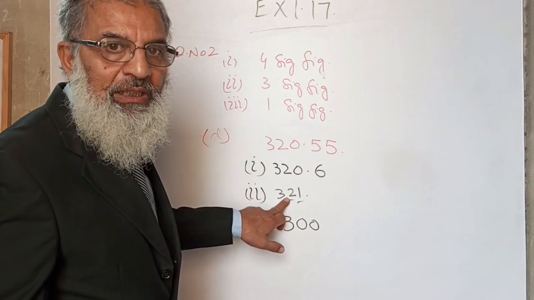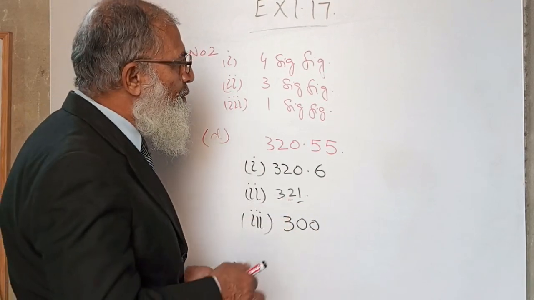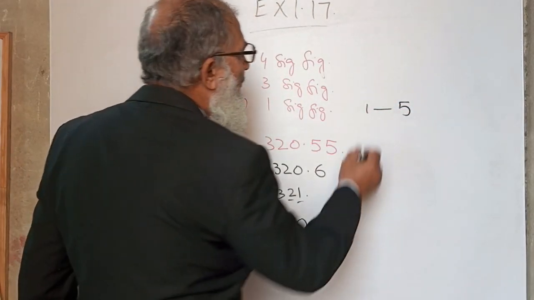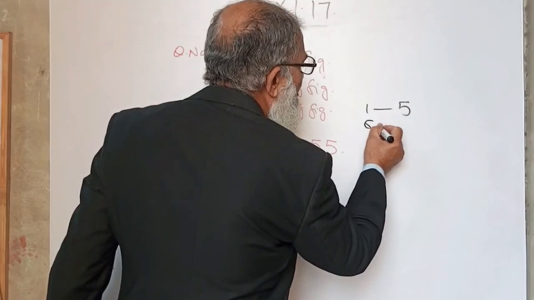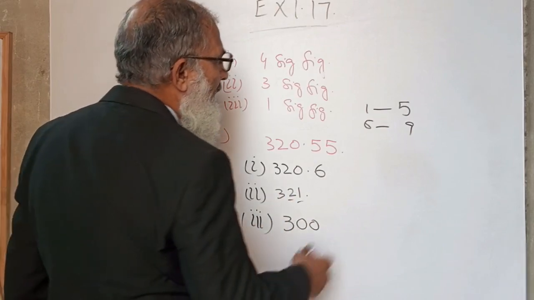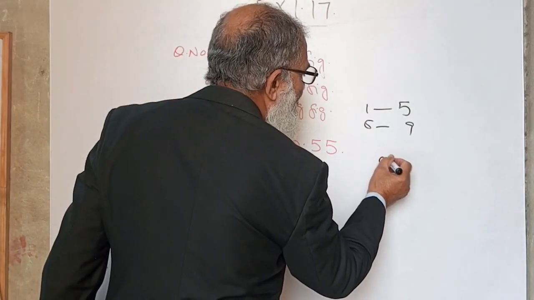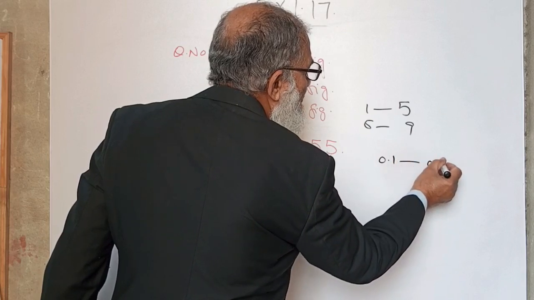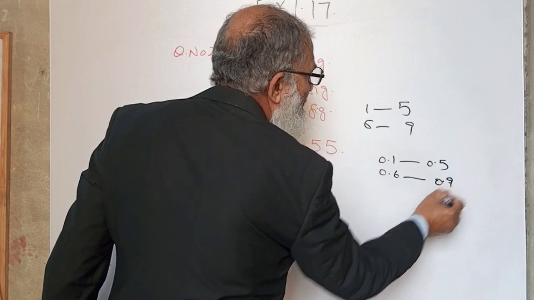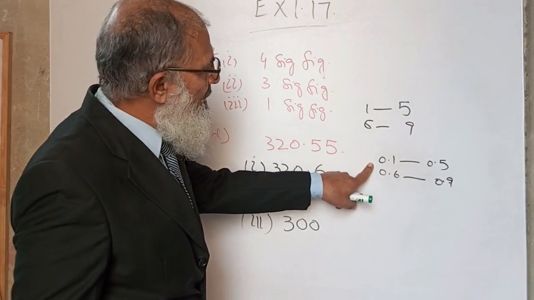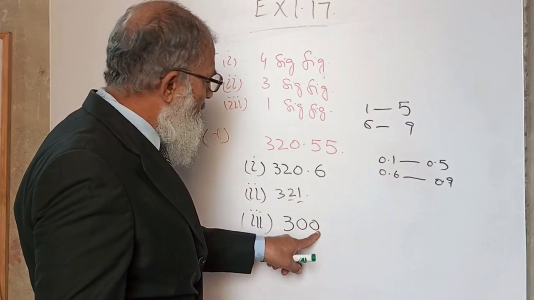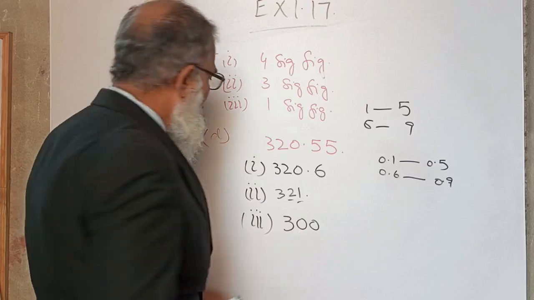We'll ignore this because this is again less than 5. I've already told you that anything from 1 to 5 can be ignored, and from 5 or 6 to 9 will be written as the next higher number. And similarly, as this is the case in decimal points, you have to ignore this and write the next higher number. So we have ignored this, put 0 over here, we ignore this and put 0 over here.